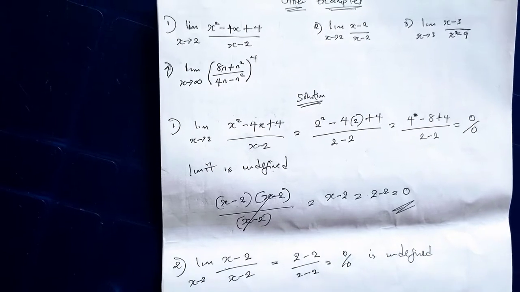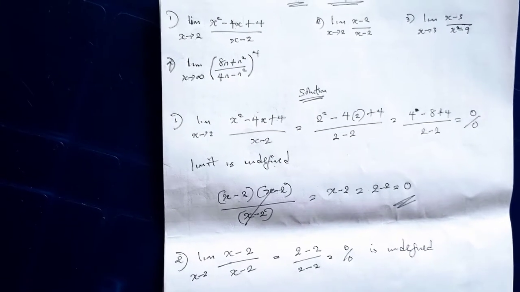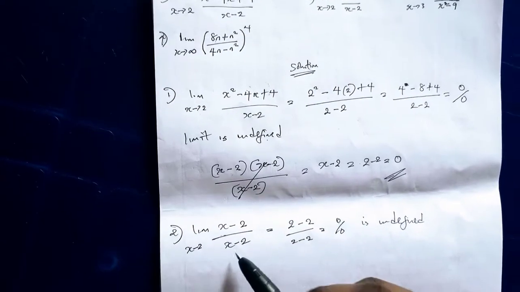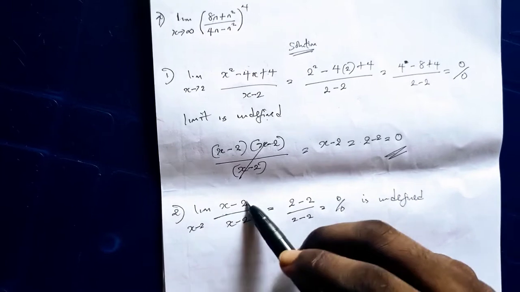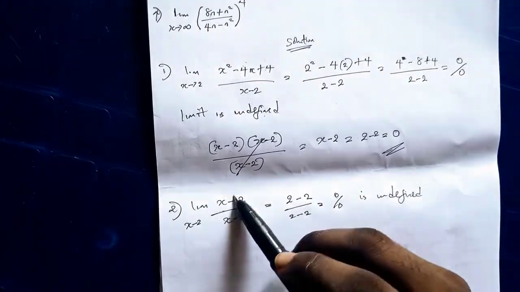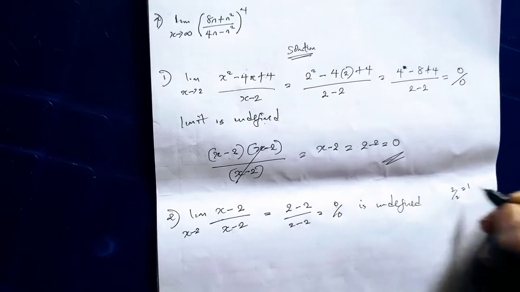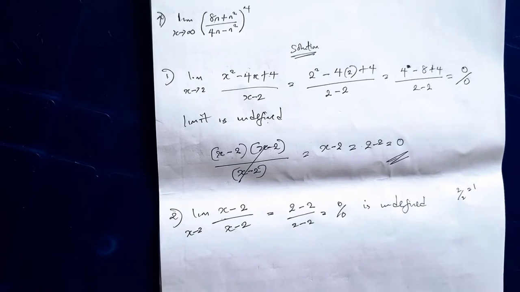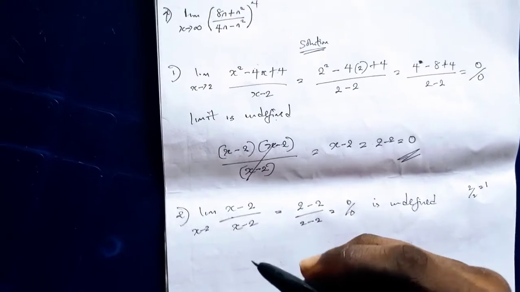Now, the same way we apply our knowledge of mathematics and see that x minus 2 divided by x minus 2 is equal to 1. It's like saying 2 divided by 2, which is 1, or 3 divided by 3, 1, or 4 divided by 4, 1. So this divided by this is equal to 1.